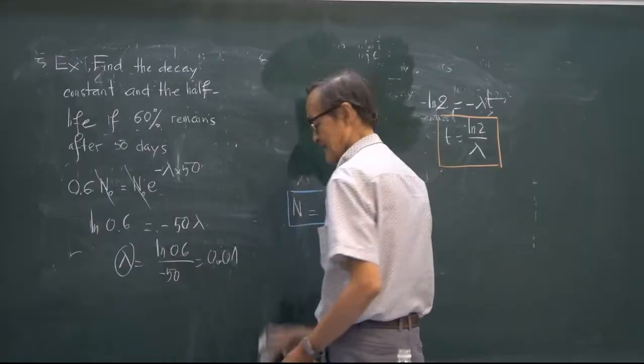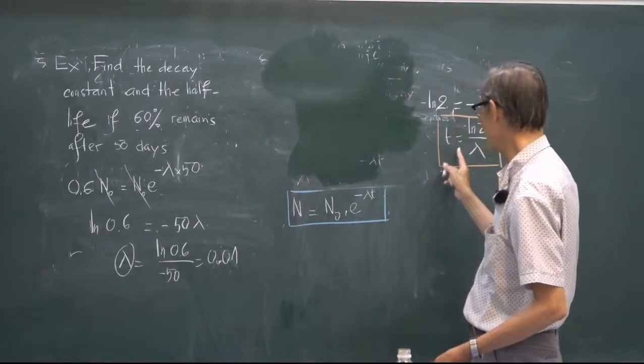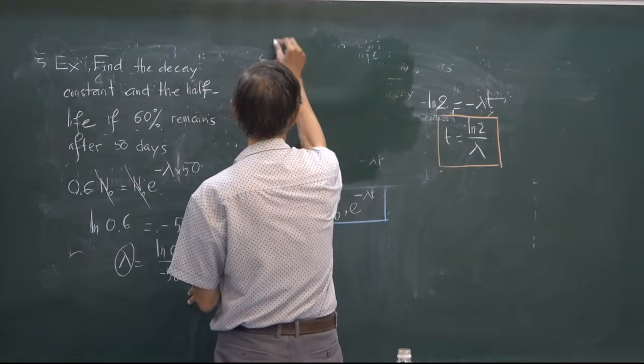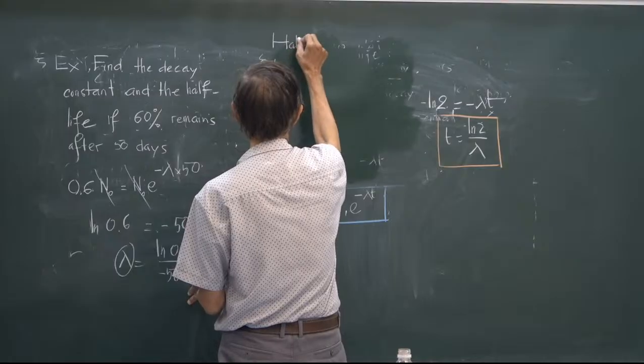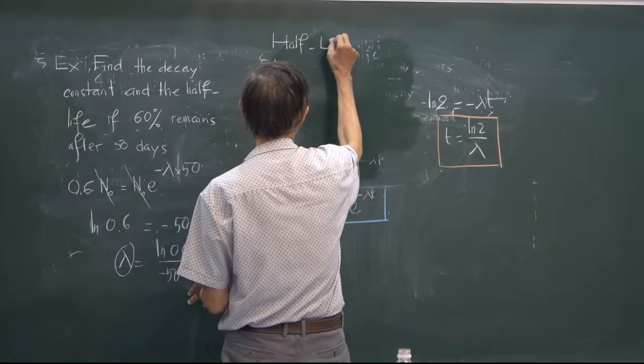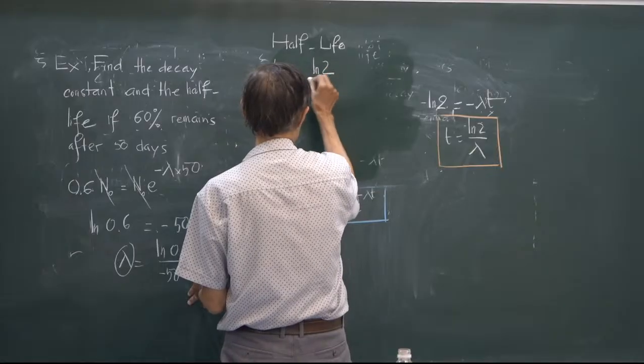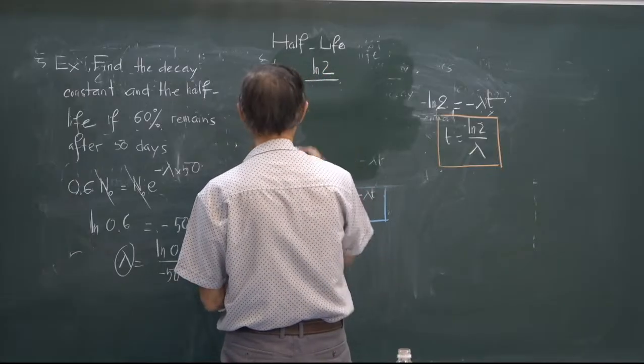And the formula for half-life here, T equals log 2 over lambda.